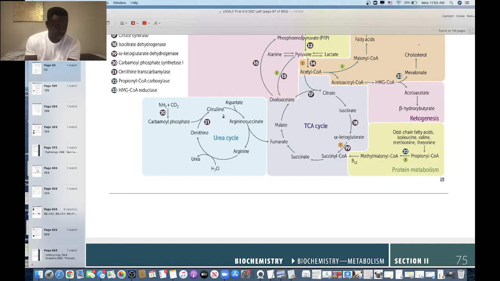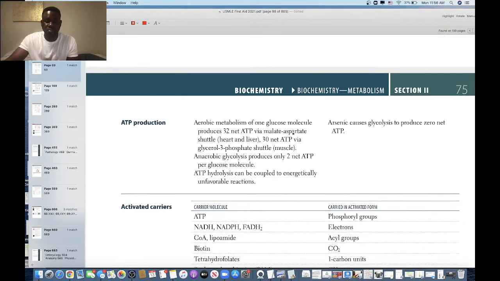And then, if it is deficient, urea production will not happen, right? And at the end of the day, this urea cycle is what gives away one fumarate. That fumarate is also linked to the TCA cycle. So everything is linked up. Let's go to the next page.